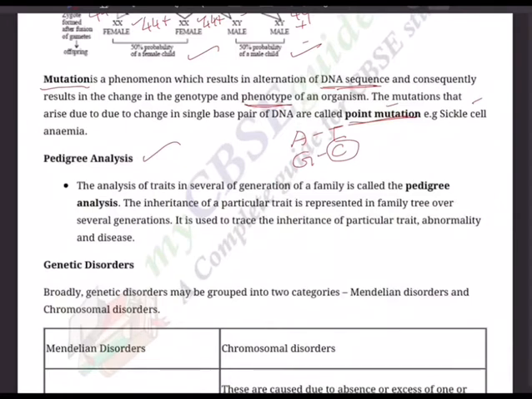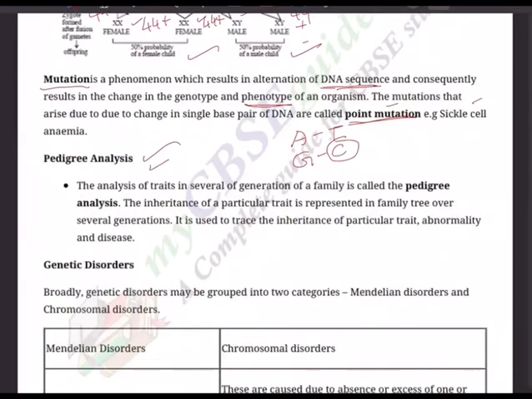We also discussed the importance of linkage and crossing over during meiosis. We also understood how the sex of the baby is determined, not only in human beings but also in birds. Keeping that in our background, we go into another important concept called pedigree analysis.